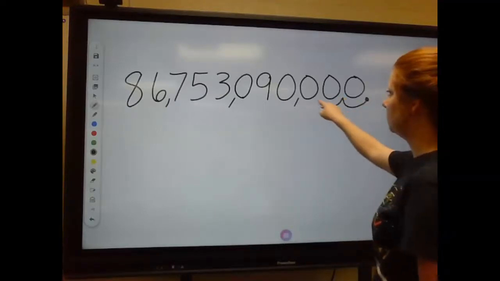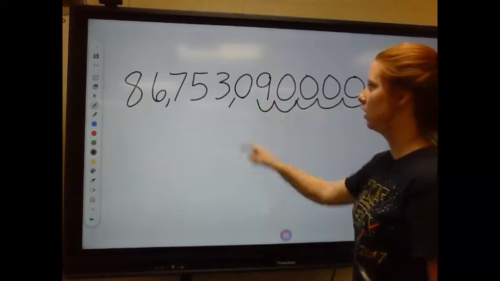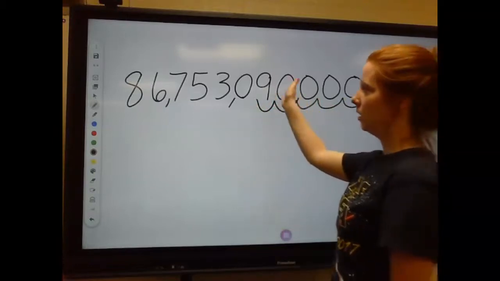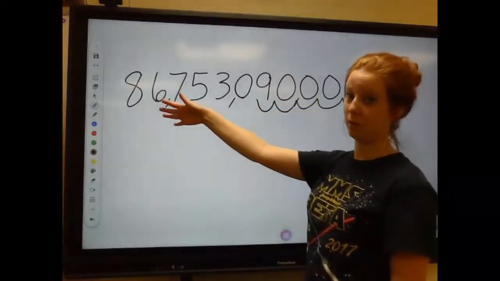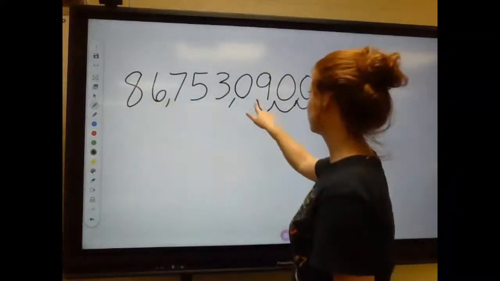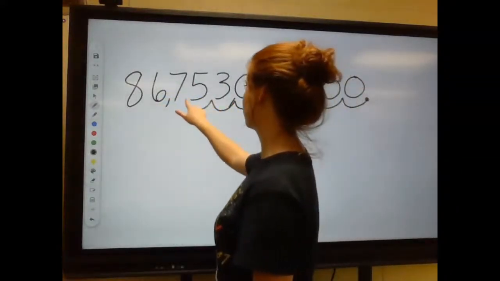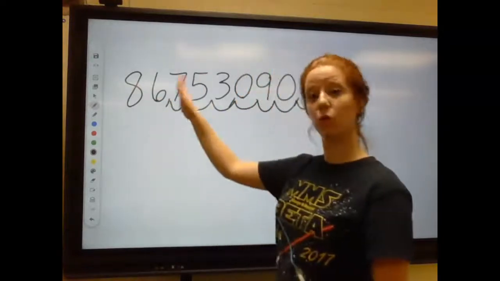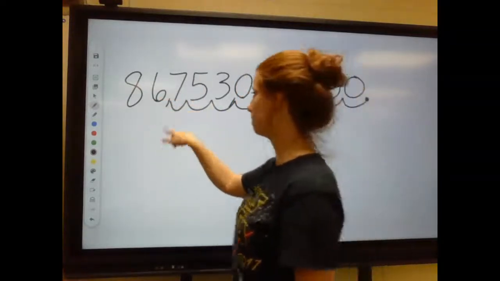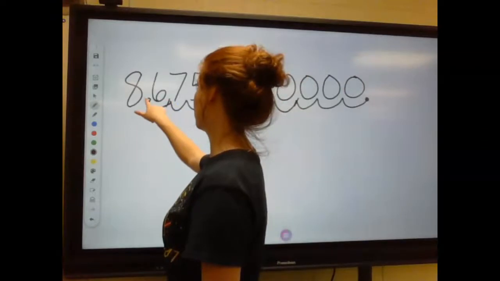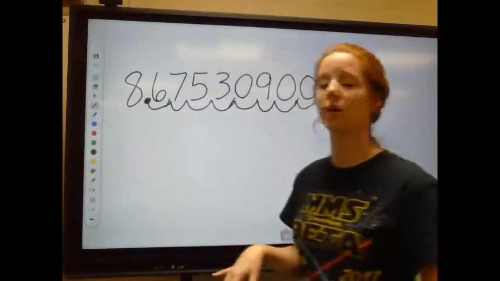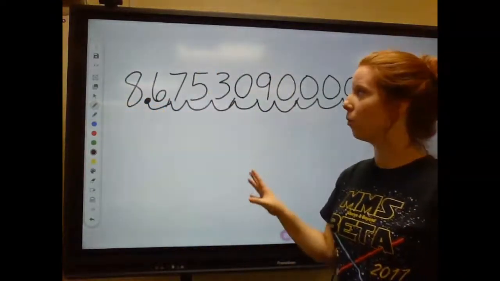So we bounce it a few times. Well, there's still a whole lot of numbers to the left of it, so we have to keep going. Now there's only 2 numbers to the left of it. We're almost there. And right here, that is where we're going to want our decimal for this.